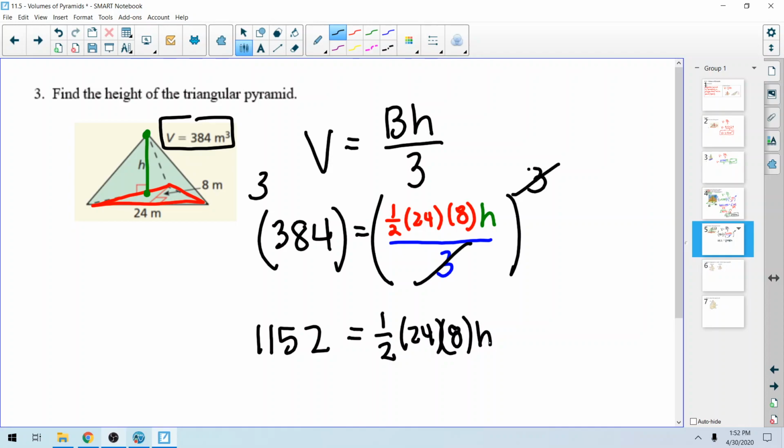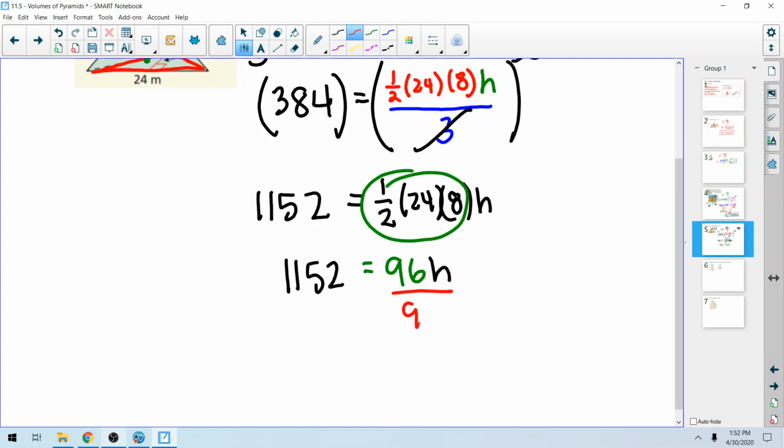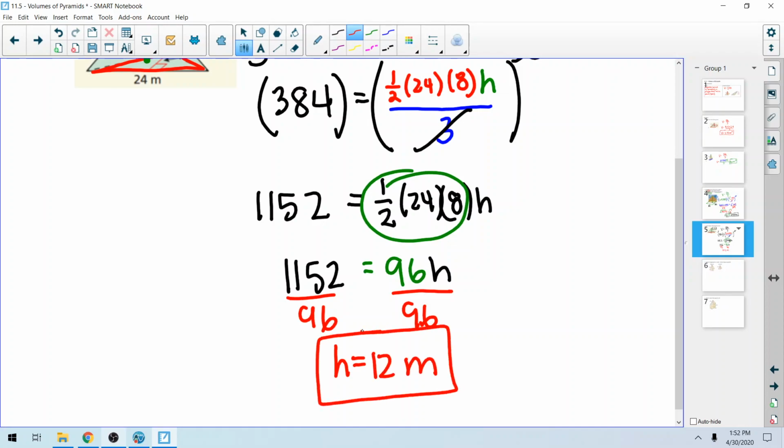Then I'm going to take 1/2 times 24 times 8, which is 96. Just to clean it up a little bit, I'm going to leave everything else the same. And then I'm going to divide both sides by 96, which is 12. So the height of our pyramid is 12 meters.